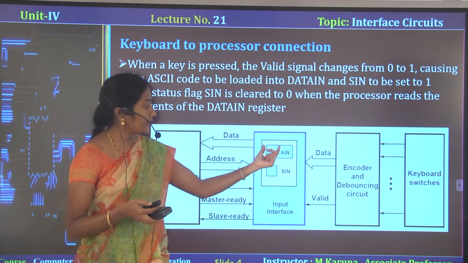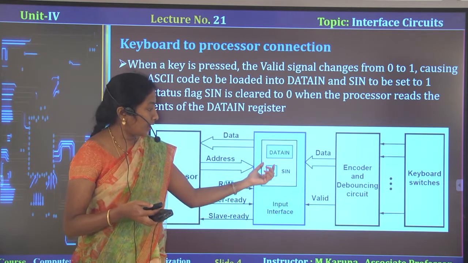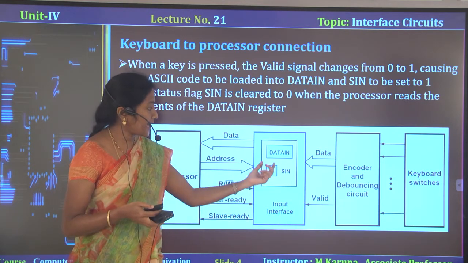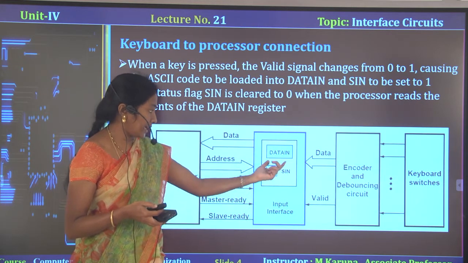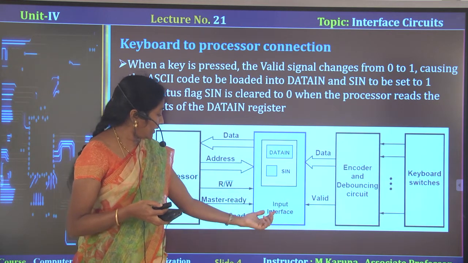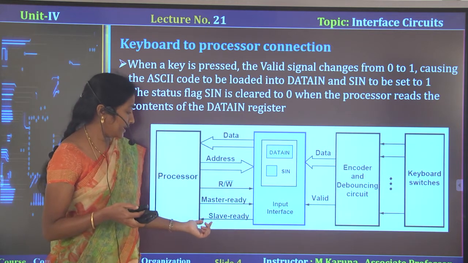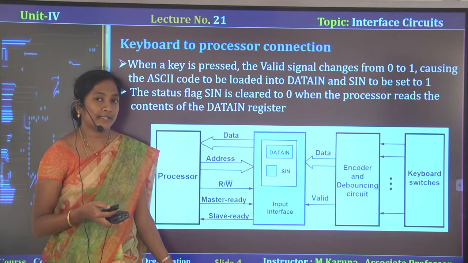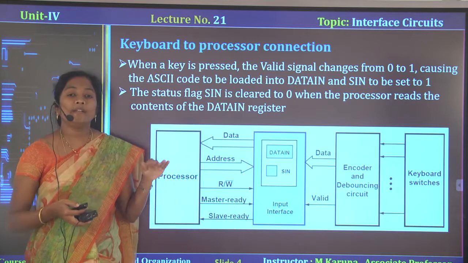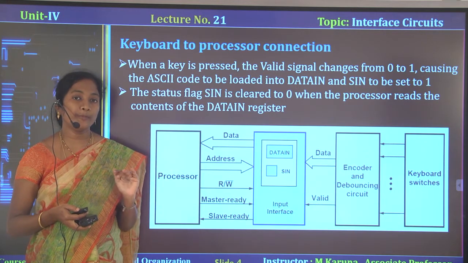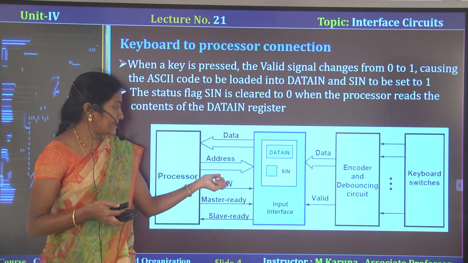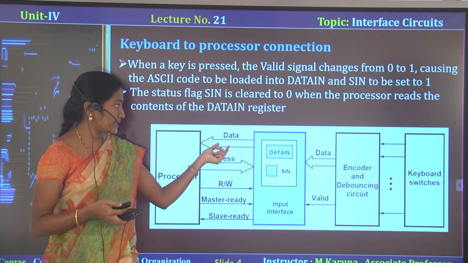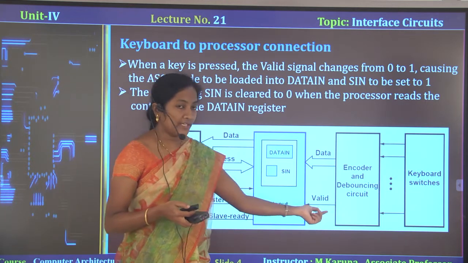Whenever the input interface's data in register has the data, it sends the slave ready signal to the processor. Likewise, the read operation is performed by the processor with the help of the asynchronous bus and control signals: address bus, data bus and valid bit.